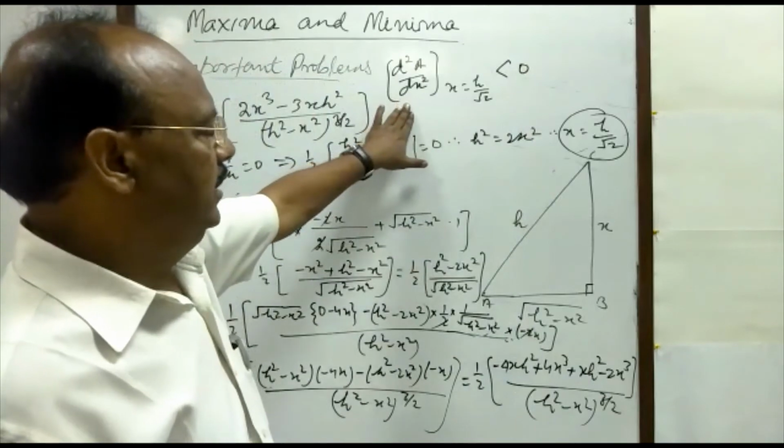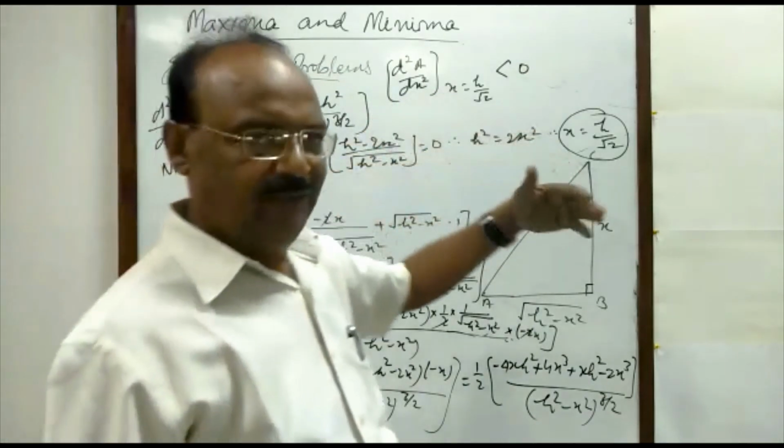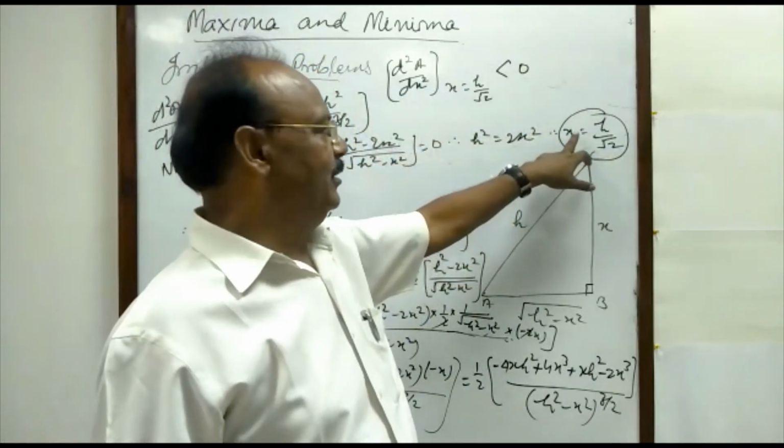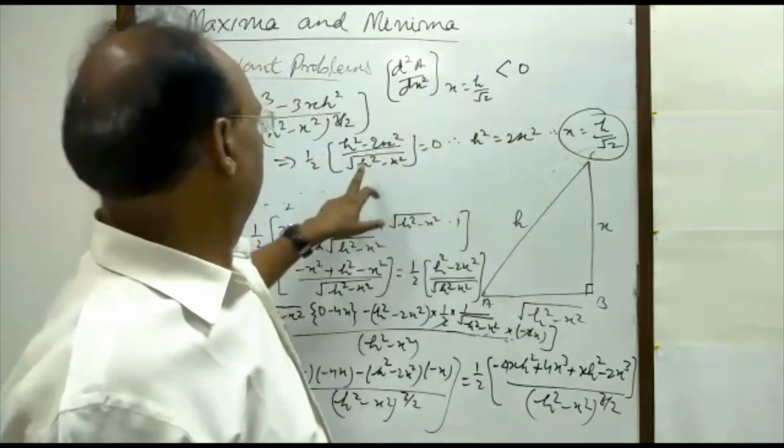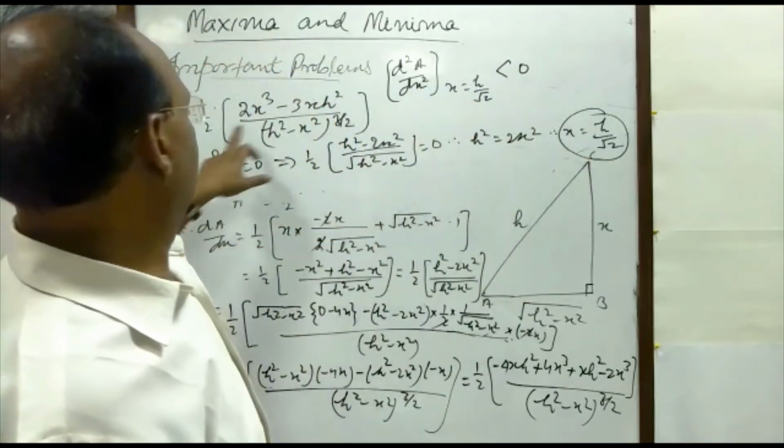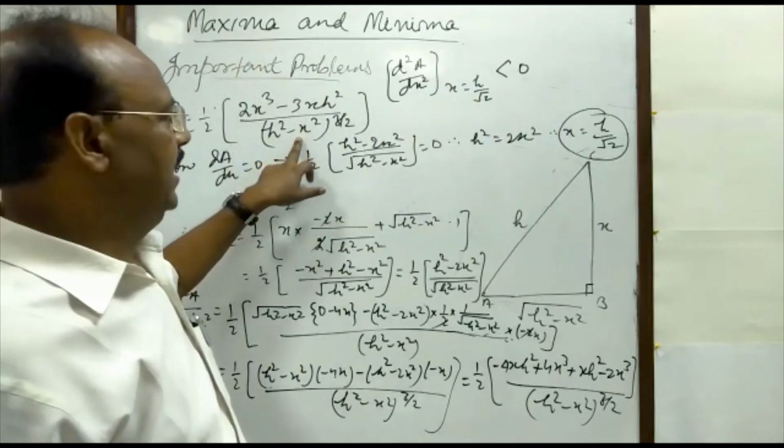I hope you can solve this after putting this x in the expression for d2A by dx square and simplifying it.